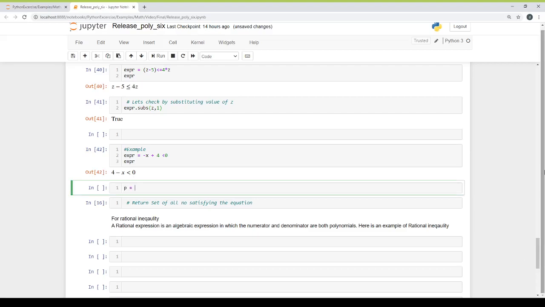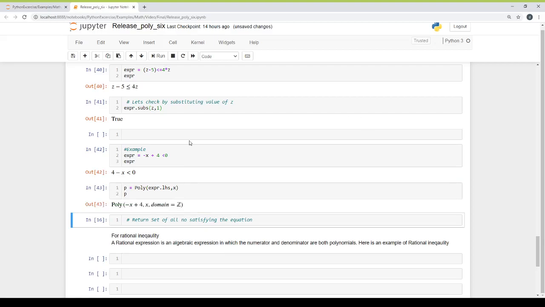For that, we separate the two sides, the left hand side and right hand side of this expression: poly, expression dot lhs, that is left hand side, comma x, and print p. So this is our first polynomial, the left hand side.